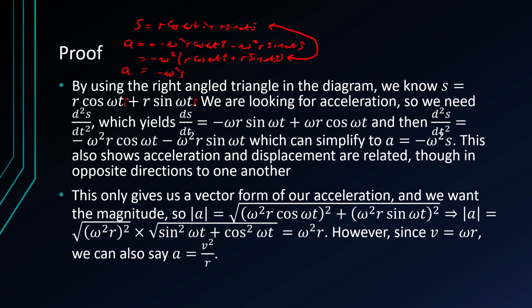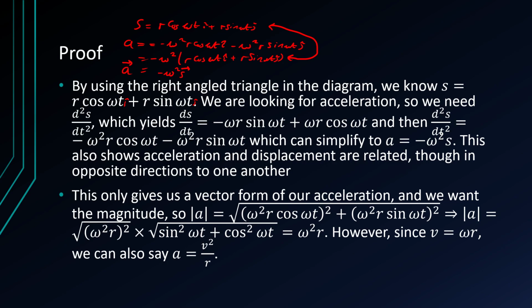However, this is actually the vector form of our acceleration. Because minus omega squared is a constant, we're actually multiplying through by a vector. But we actually need the magnitude of the acceleration. If we take the magnitude of the acceleration, the minus signs disappear. We get that the magnitude of a is the square root of omega squared r cos omega t squared plus omega squared r sine omega t squared.